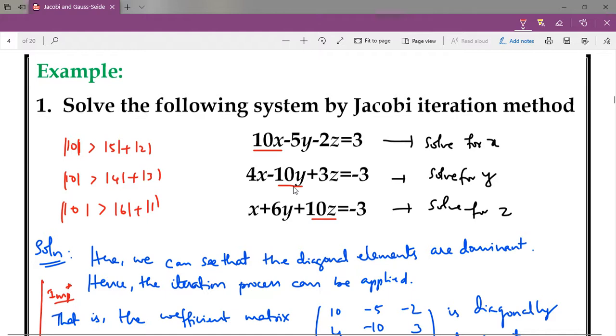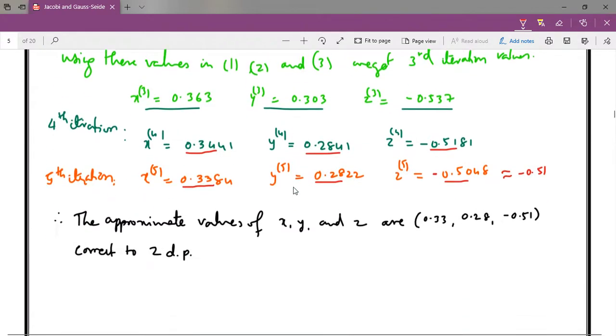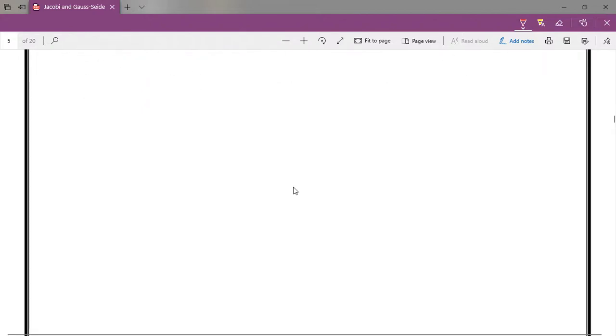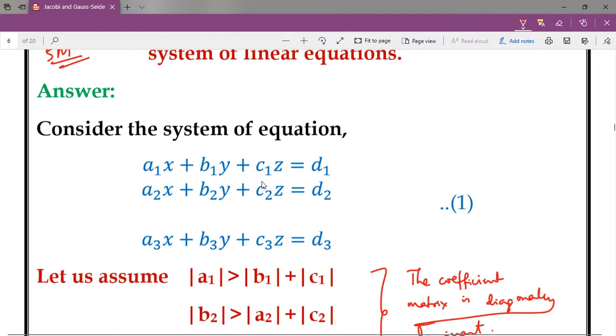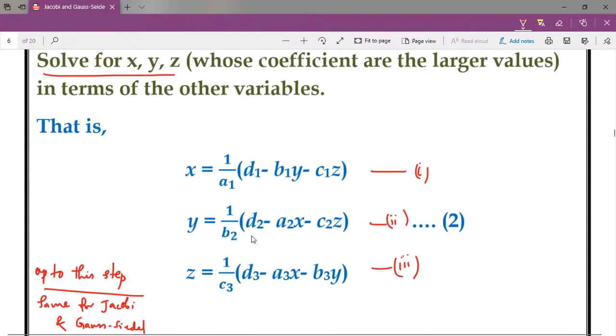So we have solved an example by Jacobi iteration method, and we have seen what is the difference between Jacobi iteration method as well as the Gauss-Seidel method. In the Gauss-Seidel method, the same system of linear equation is solvable if it is diagonally dominant.